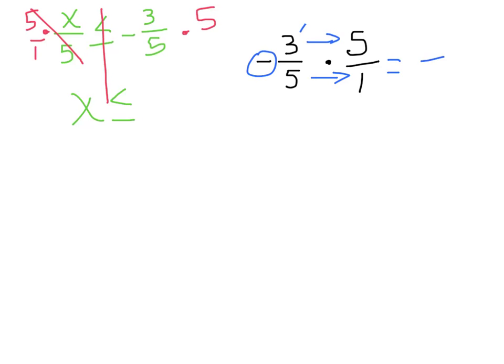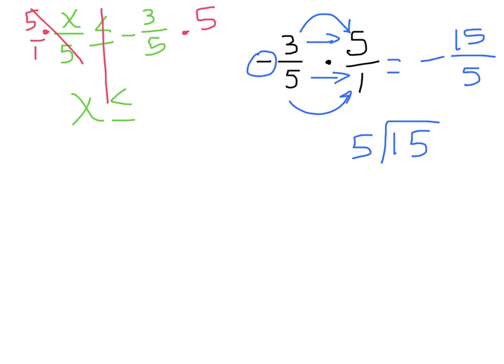When you multiply 3 times 5, you get 15. And when you multiply 5 times 1, you get 5. We never, ever leave a fraction unreduced or improper. So you could reduce 15 over 5 because it's improper. You'll divide. 15 divided by 5 is 3.